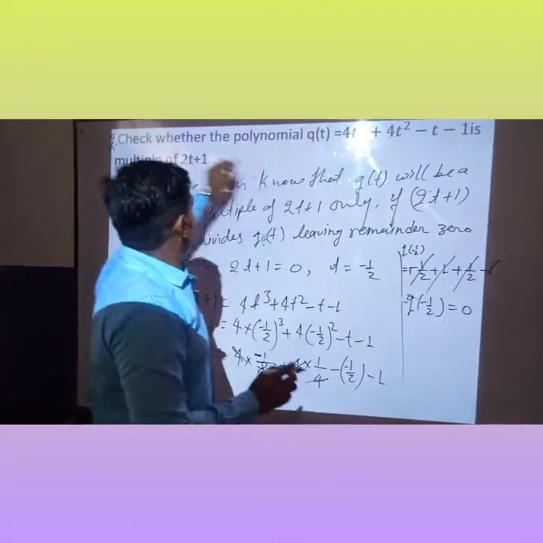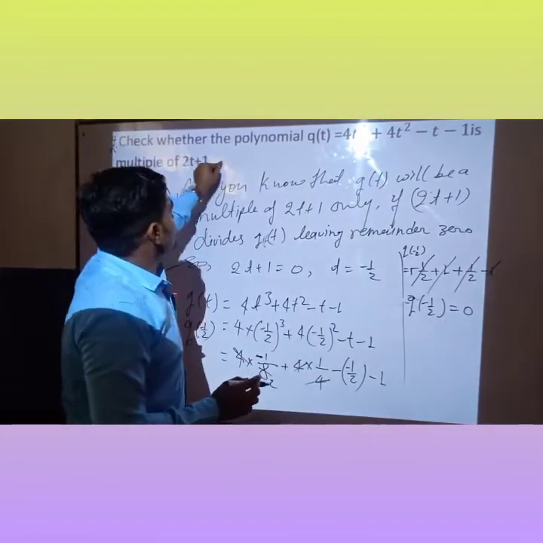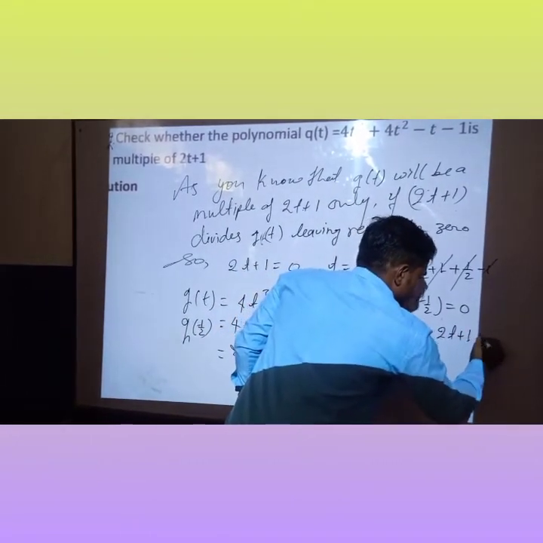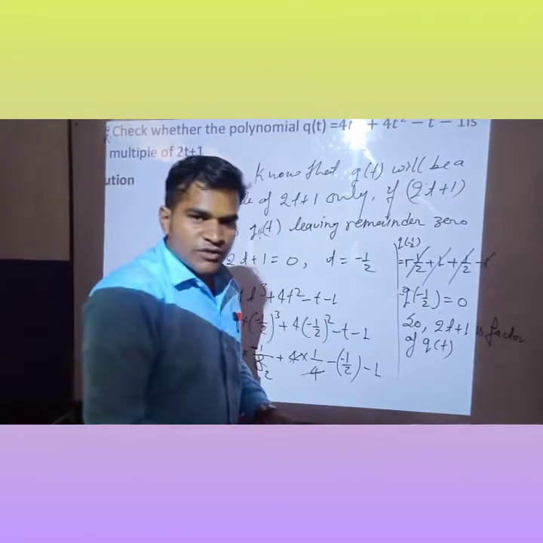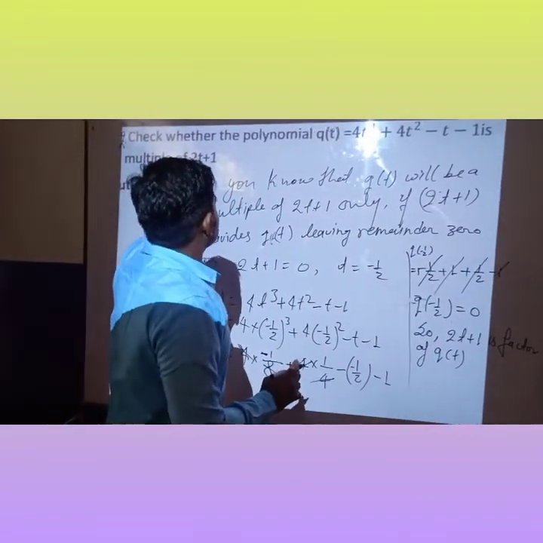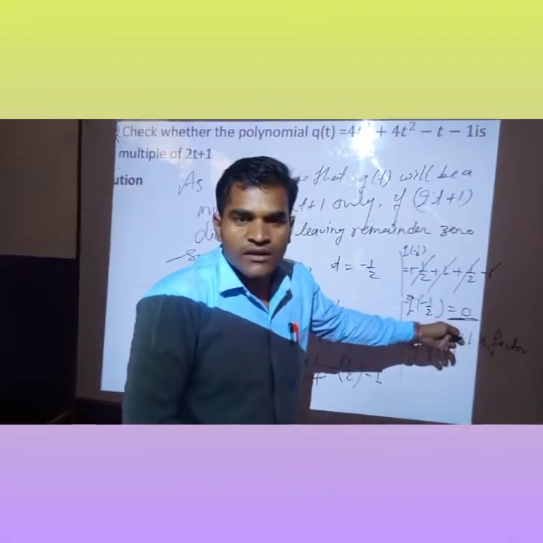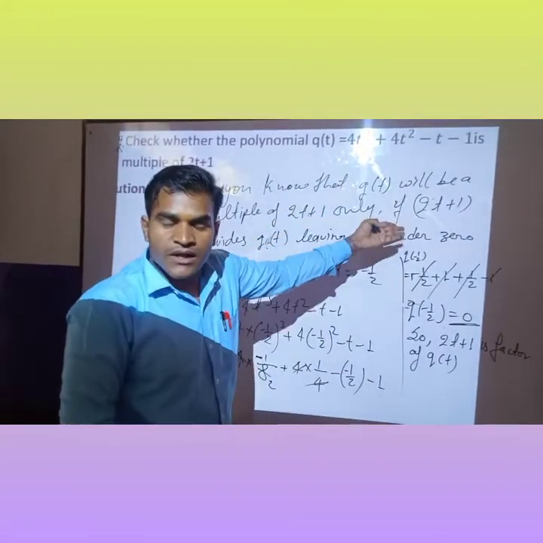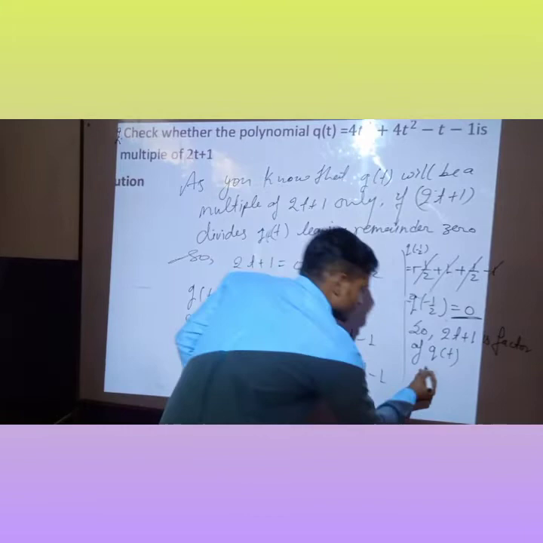If 2t plus 1 is a factor of q(t), it means q(t) is a multiple of 2t plus 1.